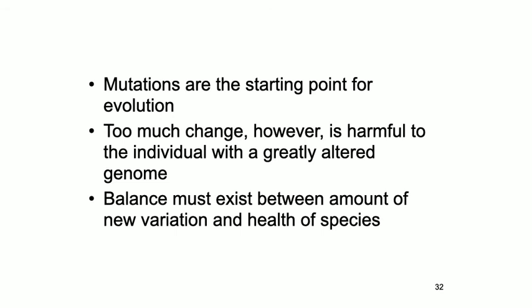So mutations are the starting point for evolution because, as we learned in chapter 1, in order for natural selection to occur, there must be genetic diversity in a population. How does this genetic diversity happen? Well, one of the ways is mutations.